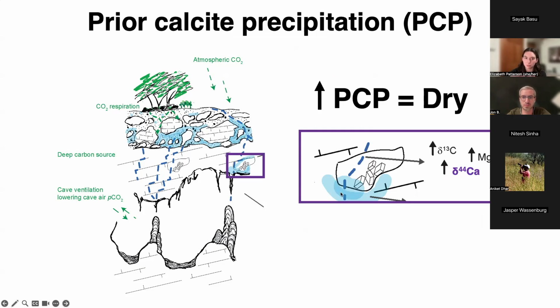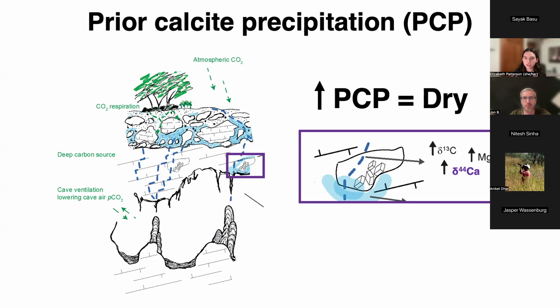Maybe you've reached a pocket in the karst, some CO2 degases from your water. You leave a little bit of calcite behind. And every time you do that, you change the geochemistry of your drip water. In this case, it causes calcium isotopes to increase and magnesium calcium ratios to increase. And PCP tends to increase as conditions are drier.